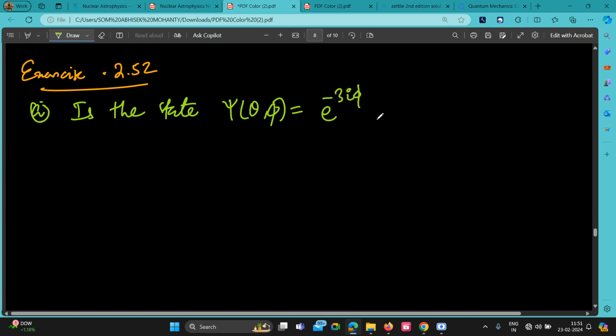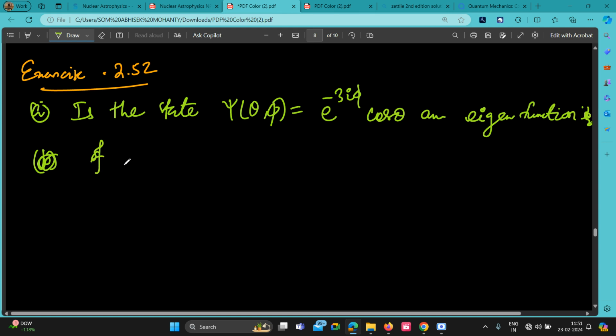So, the first one: is the state psi function of theta and phi equal to e to the power minus 3 I phi cos theta an eigenfunction, sorry, eigenfunction of what?